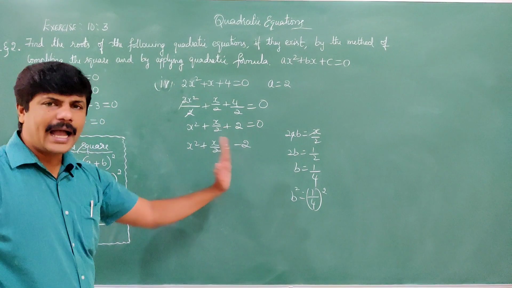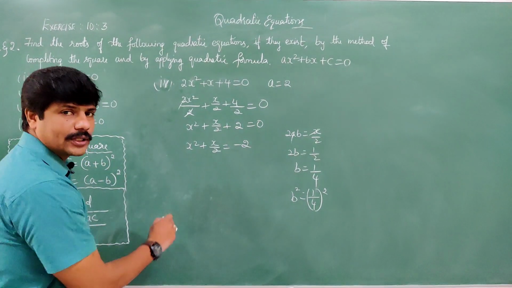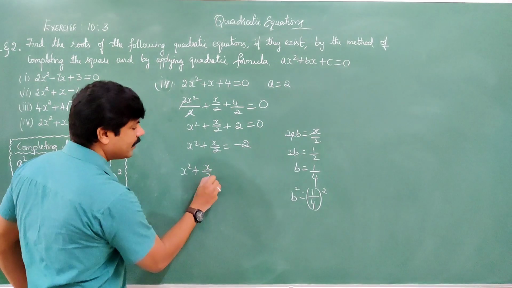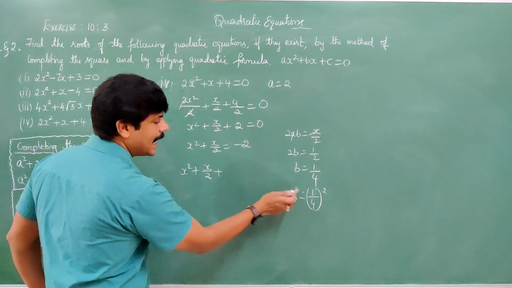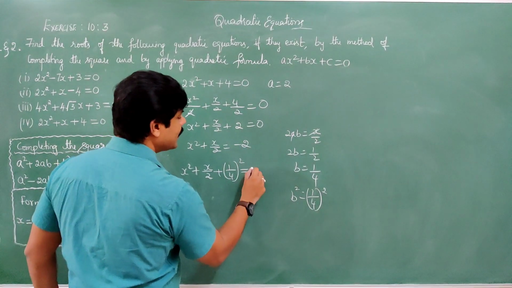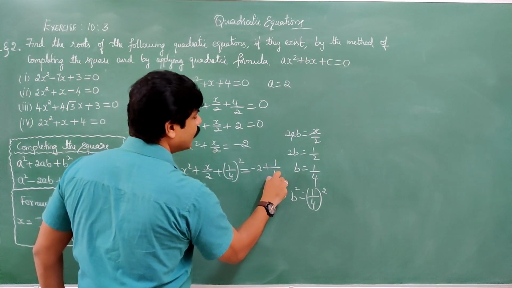Add 1 by 4 whole square on both sides so that we can complete the square: x square, which is a square, plus 2ab, which is x by 2, plus 1 by 4 whole square, is equal to minus 2 plus 1 by 4 whole square on the other side.